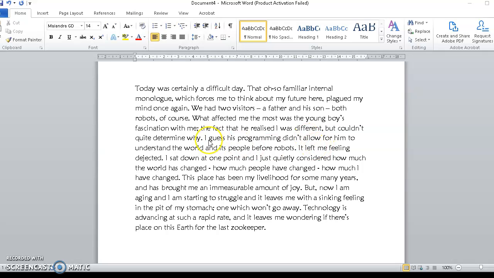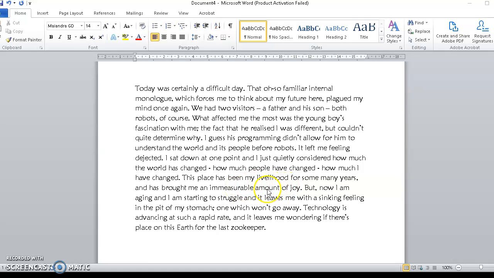It left me feeling dejected. Okay, short sentence there. I sat down at one point and I just quietly considered how much the world has changed, how much people have changed, how much I have changed. So again, those stylistic choices, repetition for emphasis there to evoke the zookeeper's feelings. This place has been my livelihood for many years and has brought me an immeasurable amount of joy.